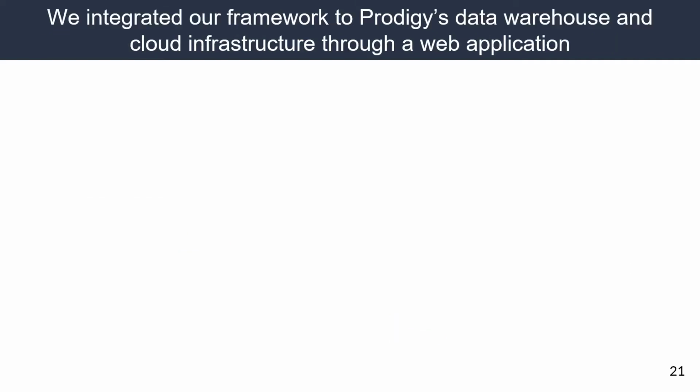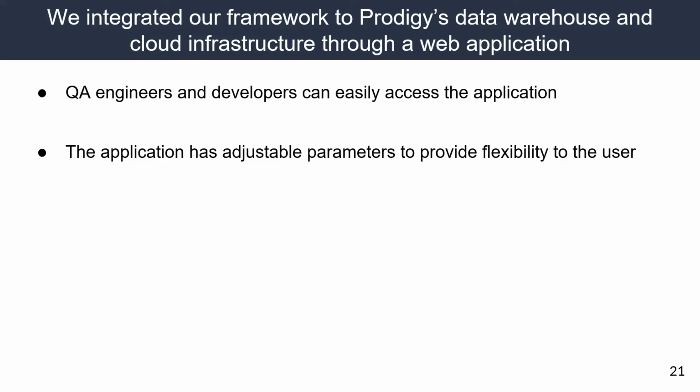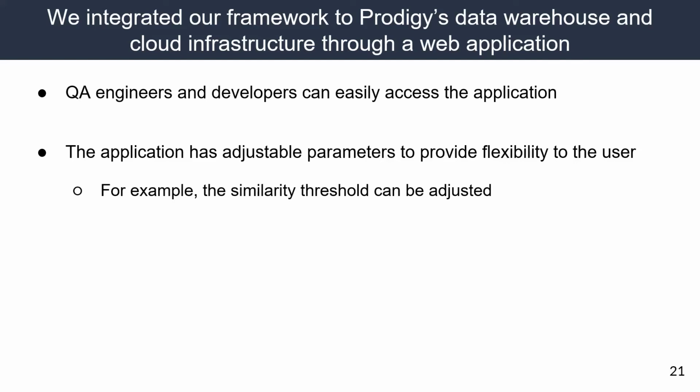And we integrated our framework to our industry partners' data warehouse and cloud infrastructure through a web application, which can be easily accessed by QA engineers and developers. The application has adjustable parameters to provide some flexibility to the user. For example, the user can adjust the similarity threshold if they want to see more or fewer suggestions of similar test cases.